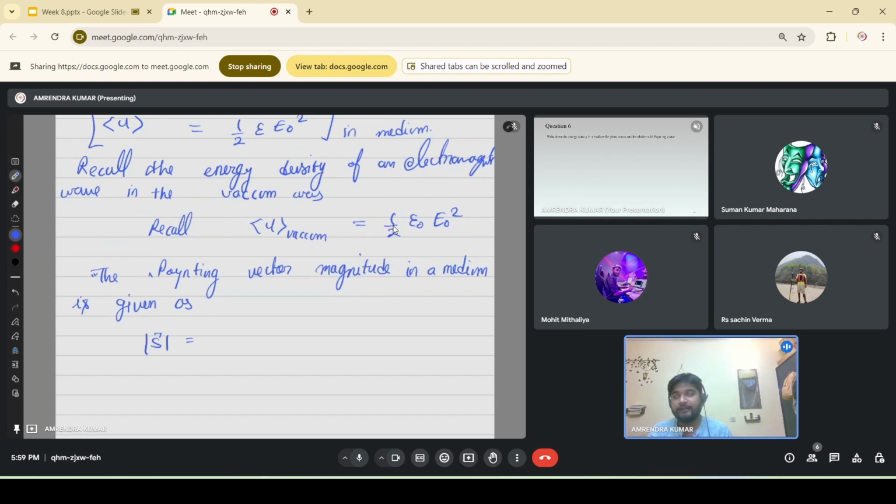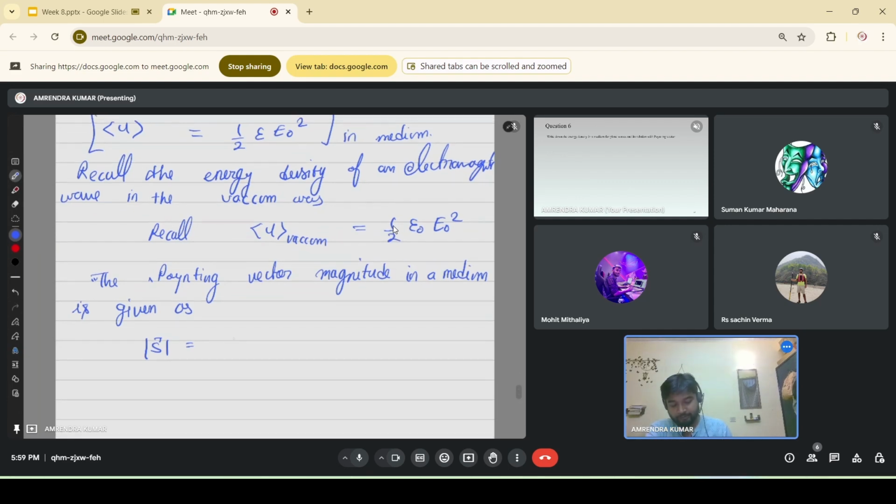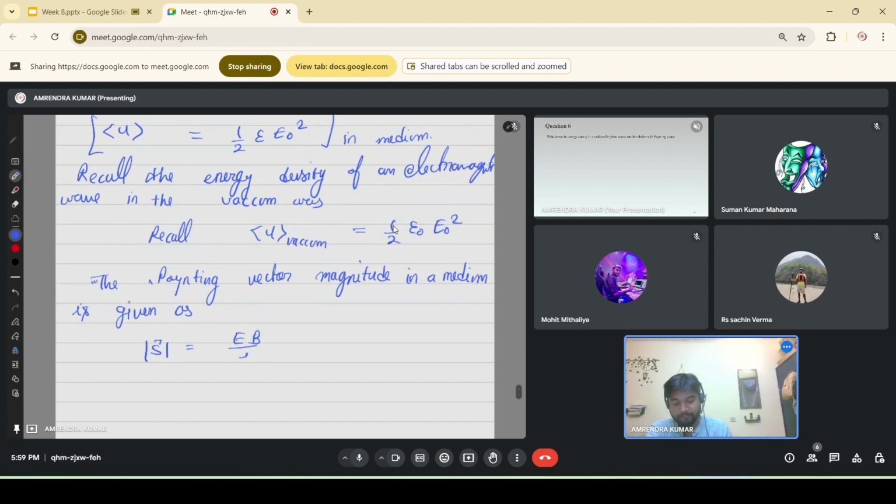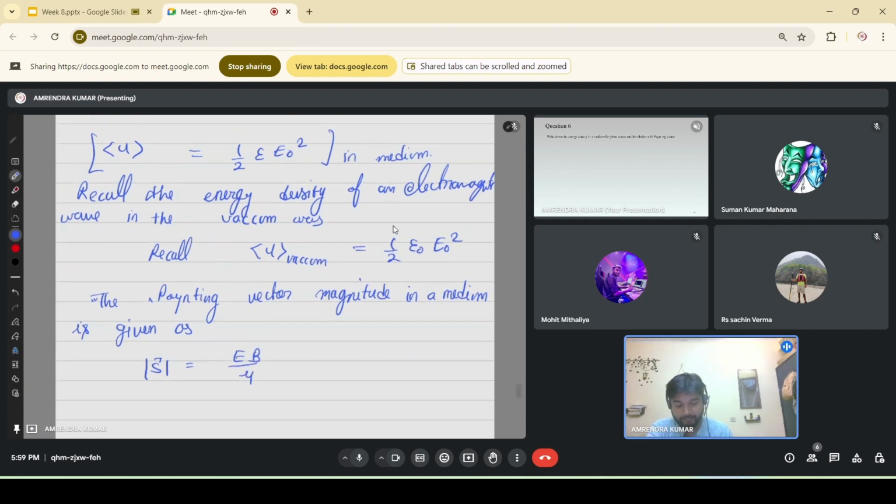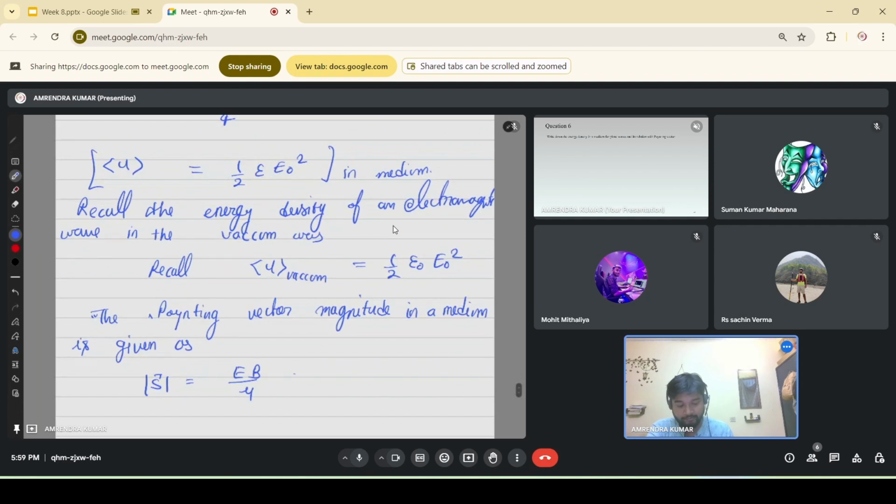So you can write this as EB over mu, but we already know that EB is related with the B, and this is the average of this.